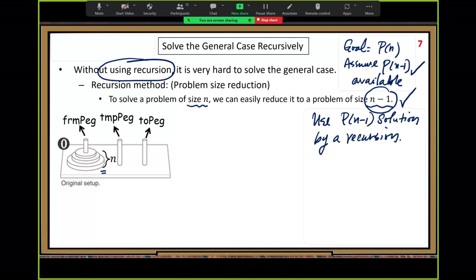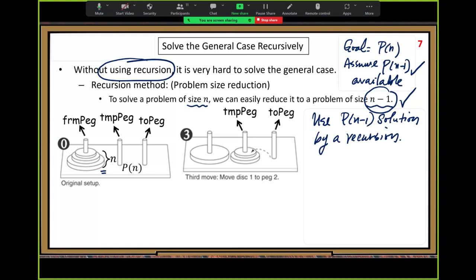Now, in order to solve the whole problem, because we already assume we have P of n minus 1, we can move the top n minus 1 disks from the from peg to the temp peg, but just the top n minus 1 disks.